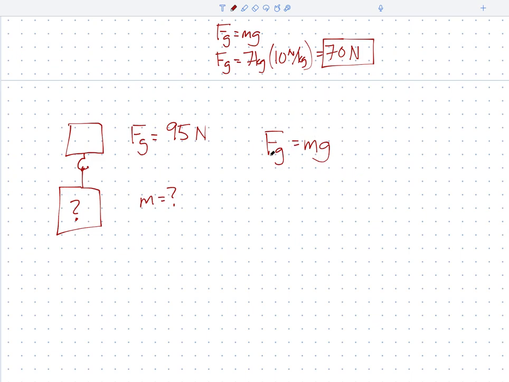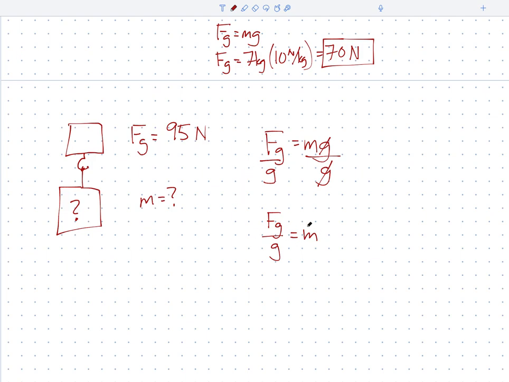So to do that, and this is going back to some math that you've probably done before, I want to divide both sides by little g. And then little g cancels out on the right side because little g over little g is equal to 1. And we end up with the force of gravity divided by little g equals the mass.